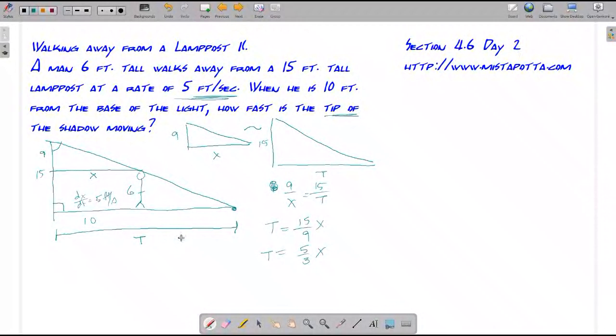And so now I want to take the derivative with respect to time, so I'm looking for the change in the tip with respect to time, and that's going to be equal to 5/3 times the change in x with respect to time, which we know that quantity is 5.